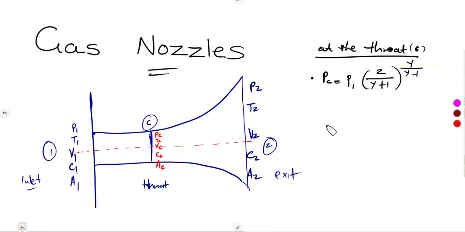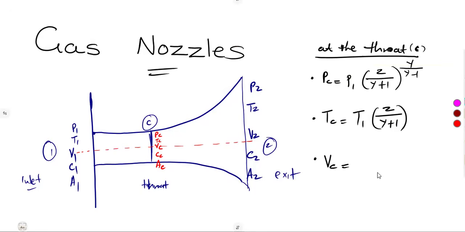Then also we have the temperature, TC, which is equal to T1 into 2 over gamma plus 1. That's our TC, which is the critical value at the throat. Then at the throat, the volume can be calculated.